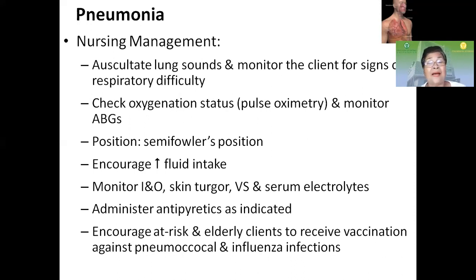Other than the elderly, 60 years old and above, those who are immunocompromised, those who are on steroid therapy and immunosuppressants. Again, sino yun? Yung mga may autoimmune disorders o kaya yung transplanted patients, organ transplantation.